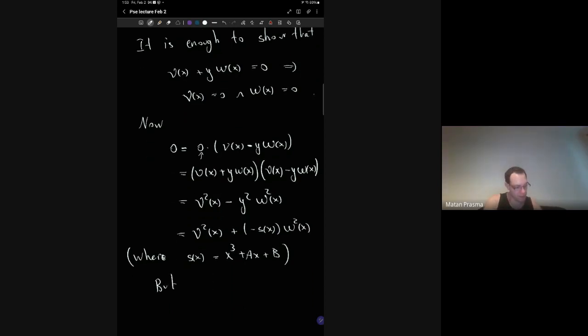But the degree of s is odd, and the degrees of nu squared and omega squared are even.